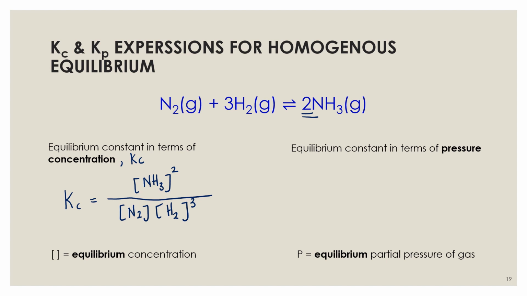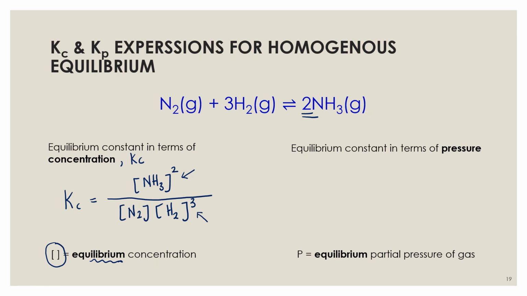And for Kc, we will use square brackets, showing that this is the equilibrium concentration. So these concentrations of the product and also the reactants here are equilibrium concentrations.